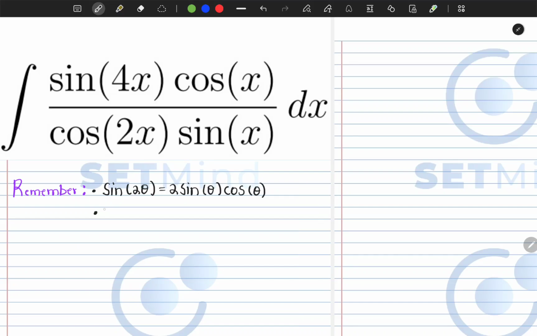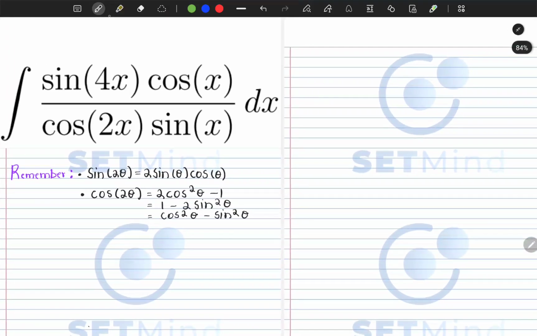And for cosine, which we'll also use, cosine of 2 theta, if we want to write it in terms of cos, it is 2 cos squared theta minus 1, or it can be written as 1 minus 2 sine squared theta, or it can be written as cos squared theta minus sine squared theta.